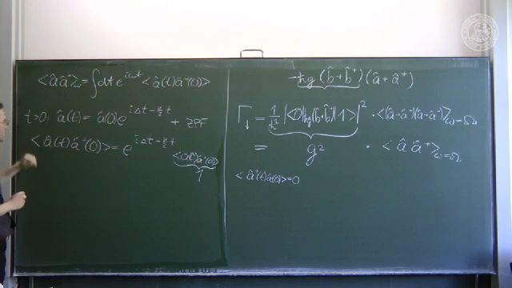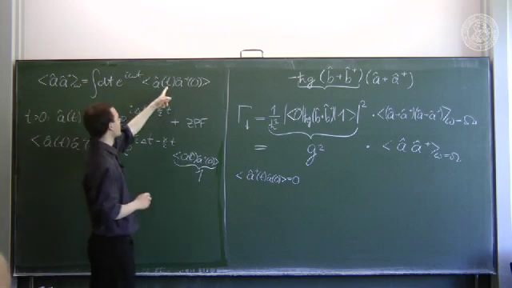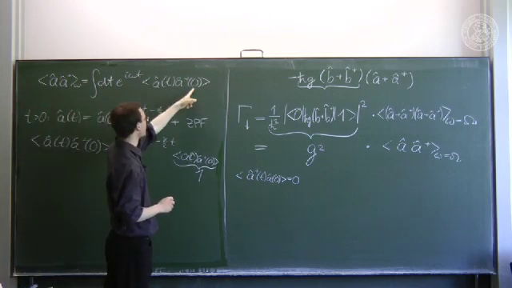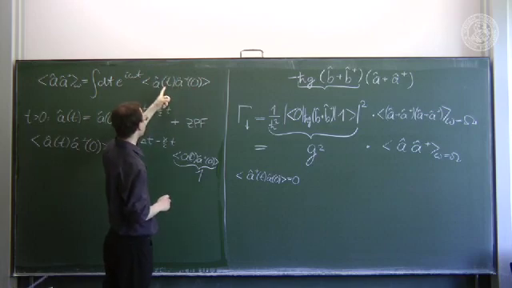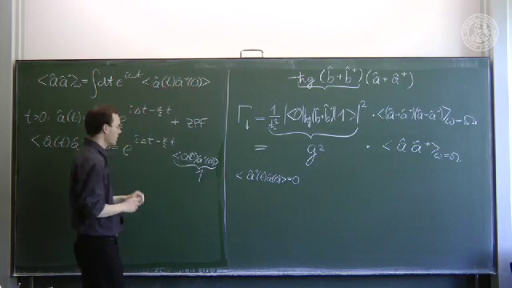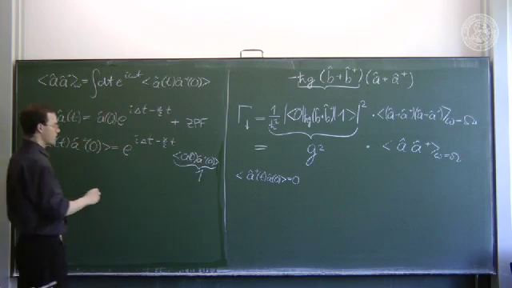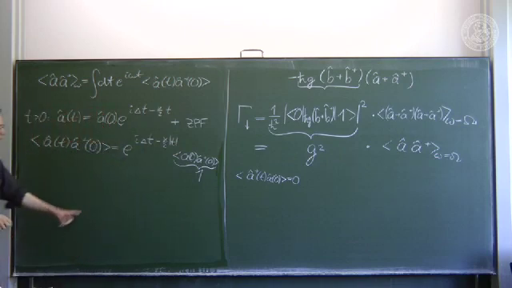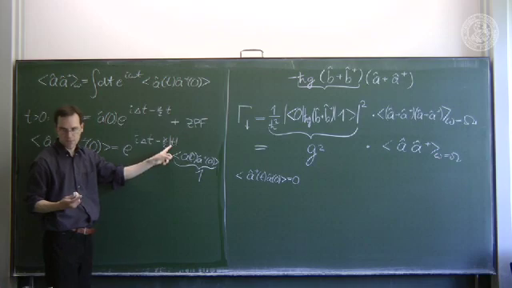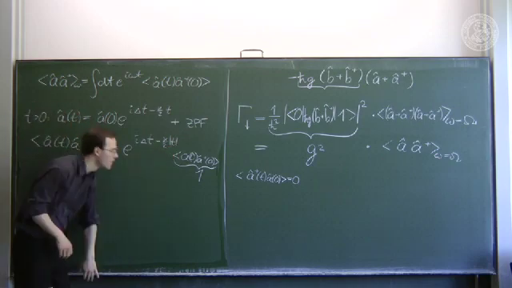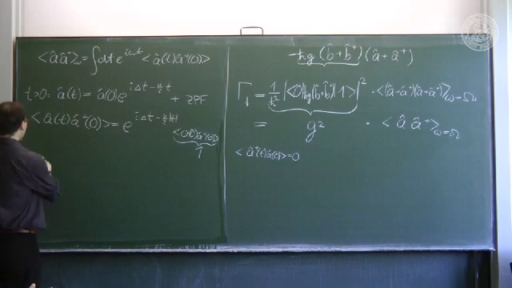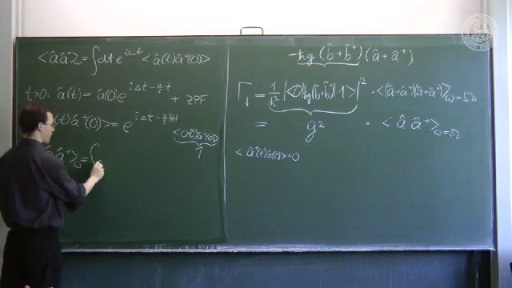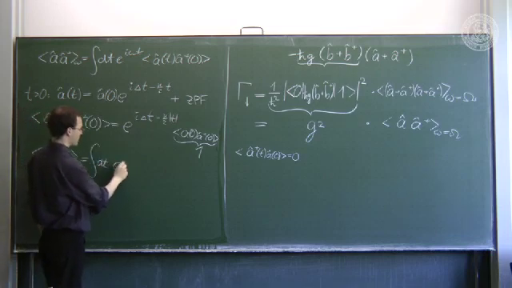This is true at least for times larger than 0, but then you can convince yourself, for example, by shifting the t from the left to the right, since this is steady state, so a of t, a dagger of 0 is the same as a of 0, a dagger of minus t, that even for t less than 0 this remains correct if I simply insert a magnitude sign here. So it decays in both directions. So that means I can calculate the spectrum simply by taking this Fourier transform.